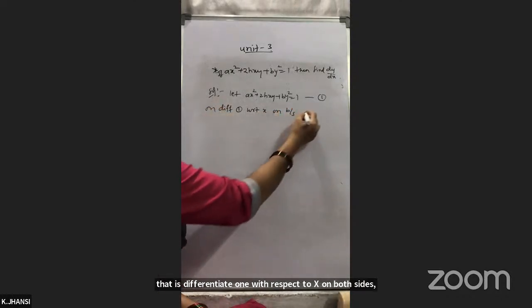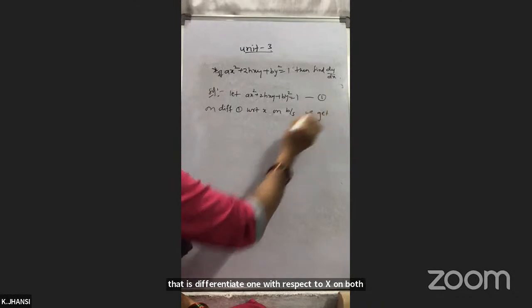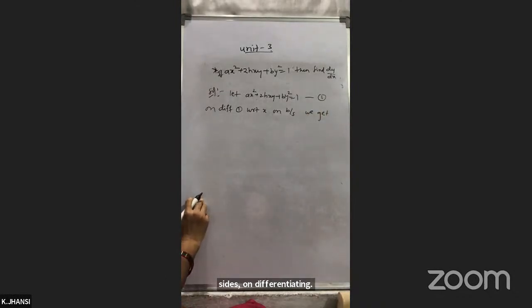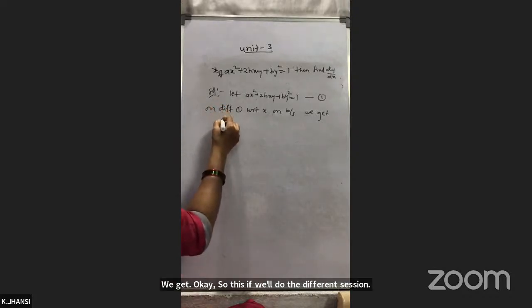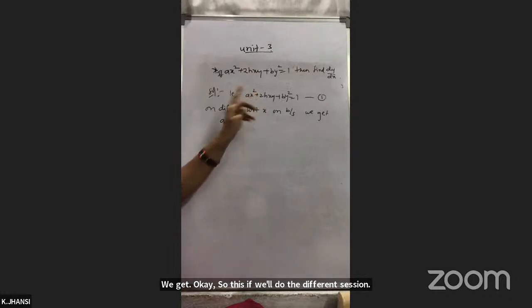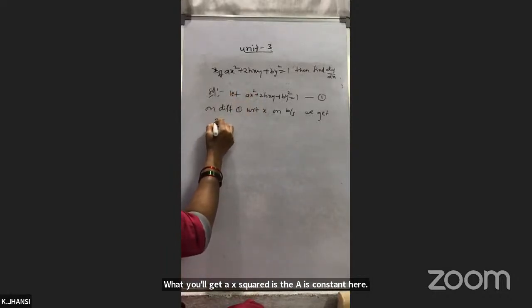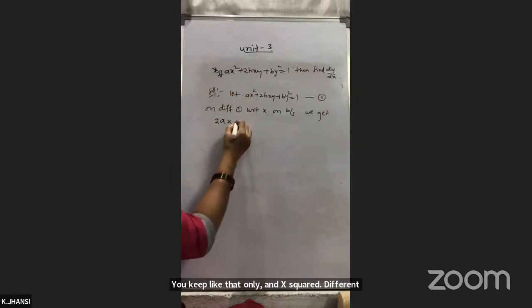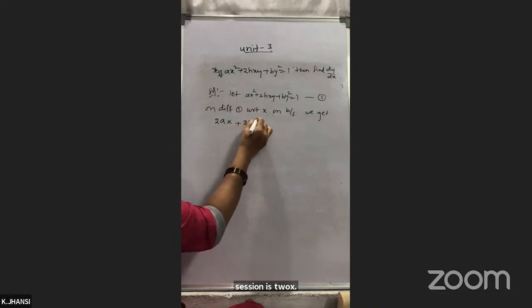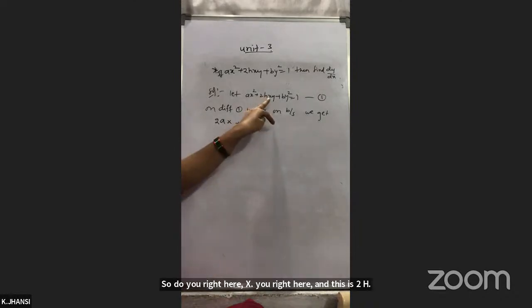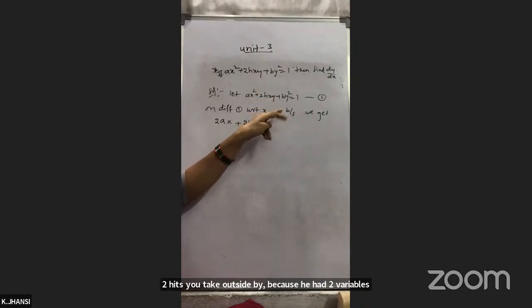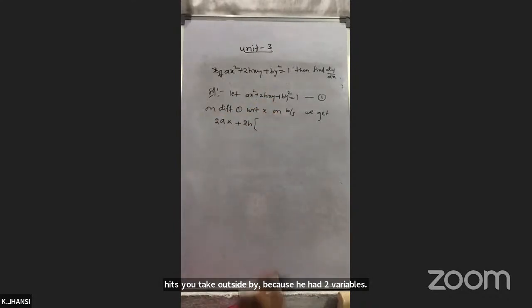On differentiating we get, okay, ax square: a is constant, you keep it like that, and x square differentiates to 2x. So you write 2 here, x here, and 2h you take outside. Why? Because here 2 variables are there, so you have to follow the UV rule for differentiation.